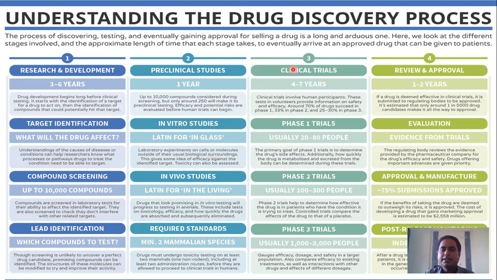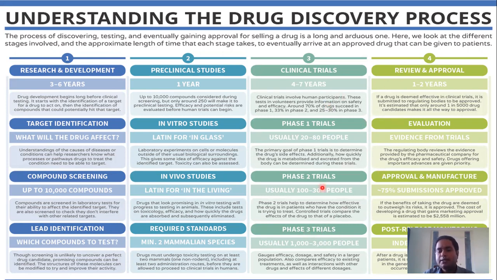In the third stage, the clinical trials will be performed with the drug. The clinical trial can be categorized into phase 1 trial, phase 2 trial, and phase 3 trial. After the completion of the phase 3 trial, a drug can be approved by the competent authority and it can be sold in the market.